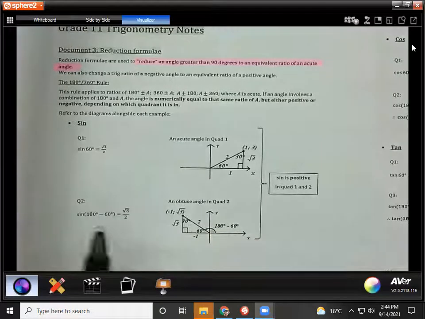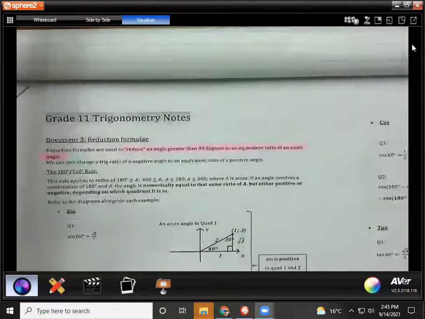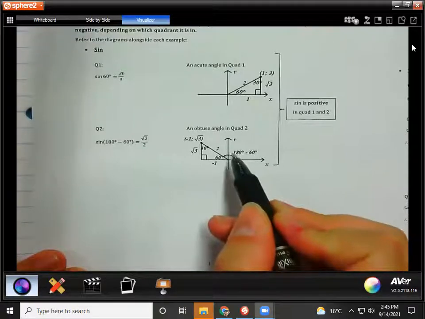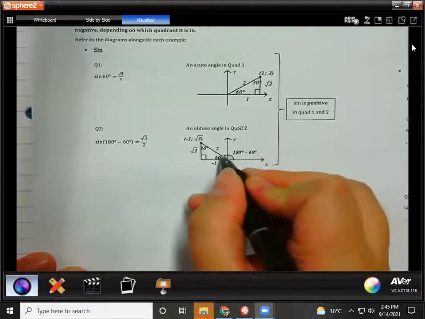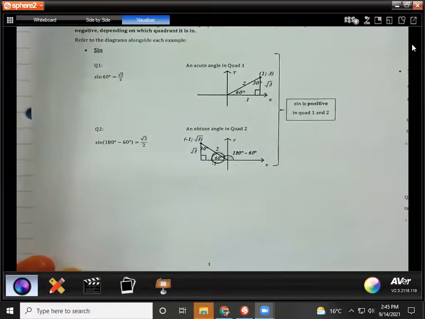If you have sine of 180 degrees minus 60, this is actually 120. So now we see that that is the angle that we're moving, we're going from 0 to 120. But guys, what is the angle that is then left in order to get to 180 degrees? 60, hey?